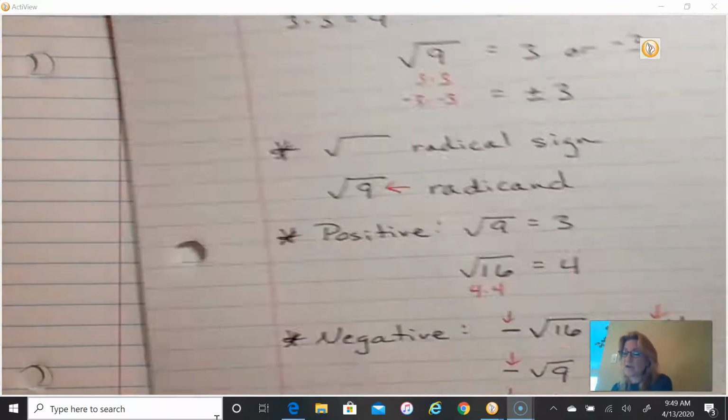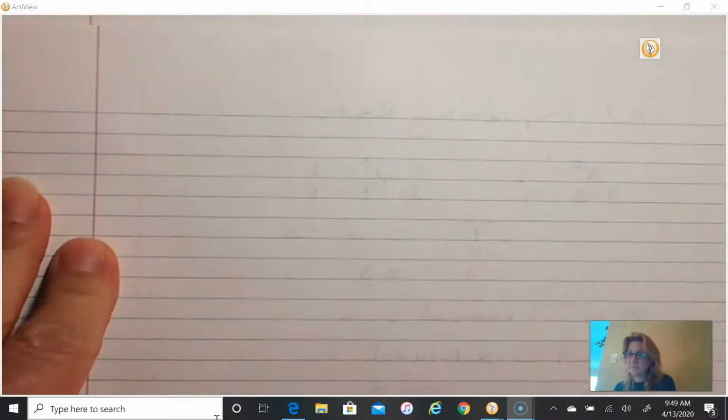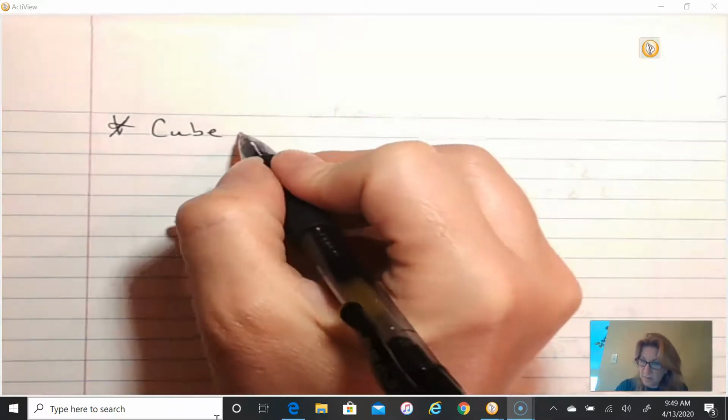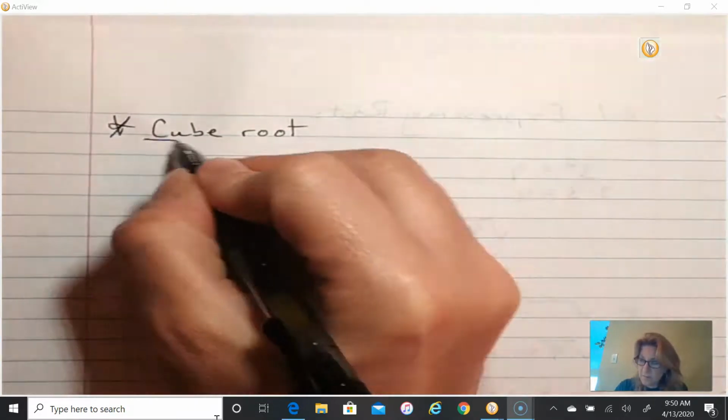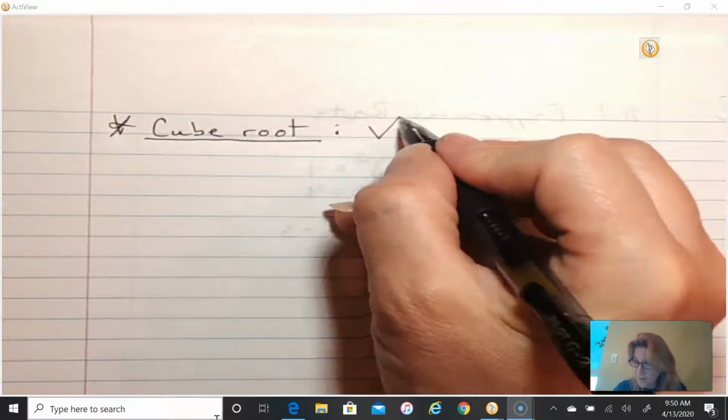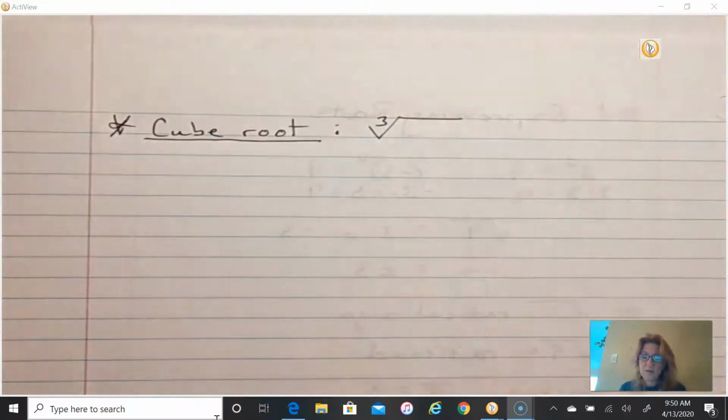Now let me show you the cube root. Cube root would look like this, with a little 3 in there.